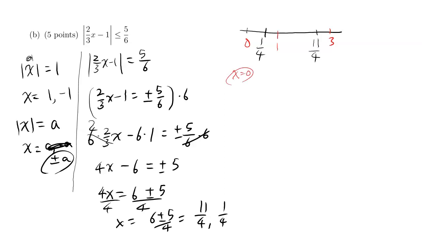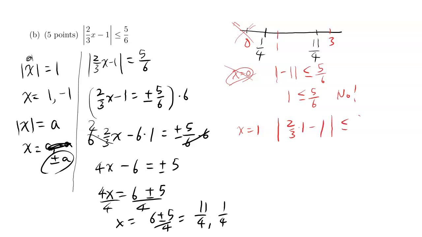Okay. So for each one of them, we'll test it out. x equal to 0. What happens? If you plug in 0, absolute value of -1 less or equal to 5 over 6. Is this true? Absolute value of -1 is positive 1. Is 1 less or equal to 5 over 6? No. That's no good. Then x equal to 1. Absolute value of 2/3 times 1 minus 1 less or equal to 5 over 6. 2/3 minus 1 is -1/3, and absolute value is 1/3.